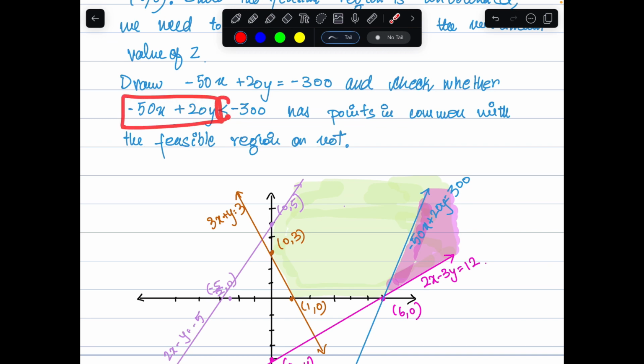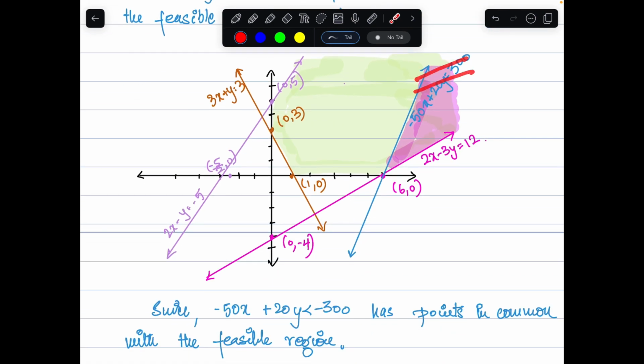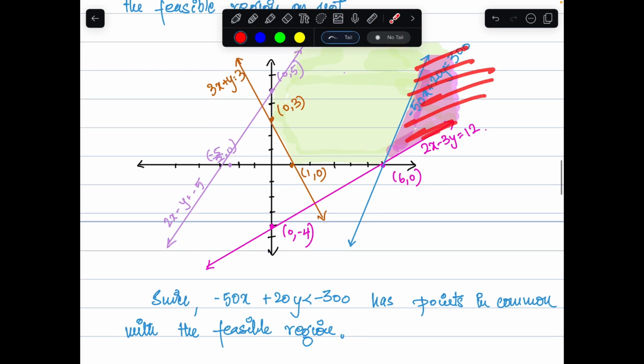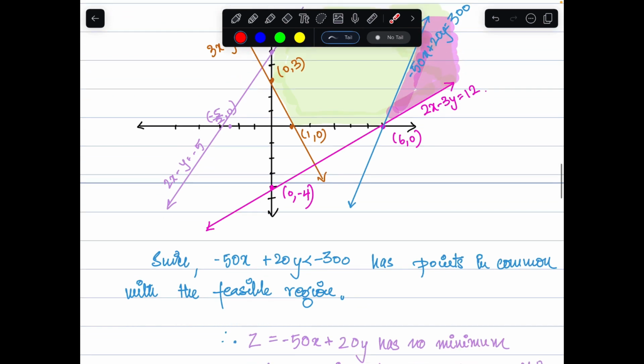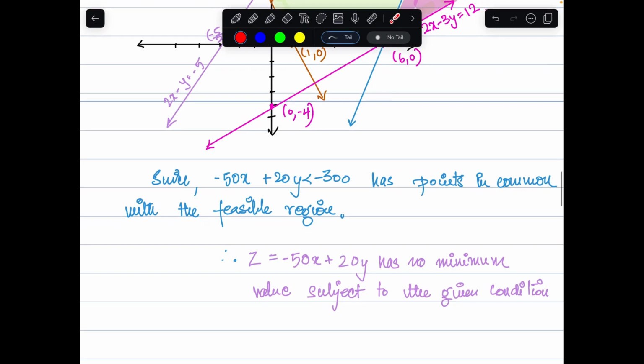The reason I am putting less than is that I am finding the minimum. If it was maximum, I would have checked whether there is any x or y so that the objective function is greater than the value that I got. If you get any such region within the feasible region, then the maxima or minima will not exist.